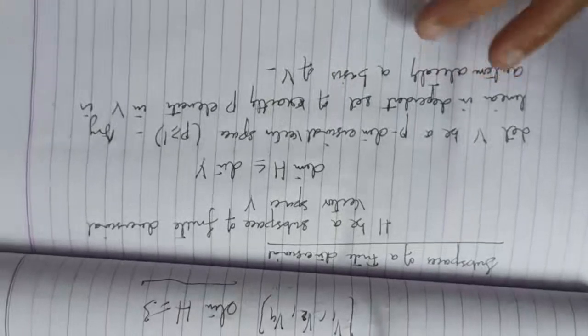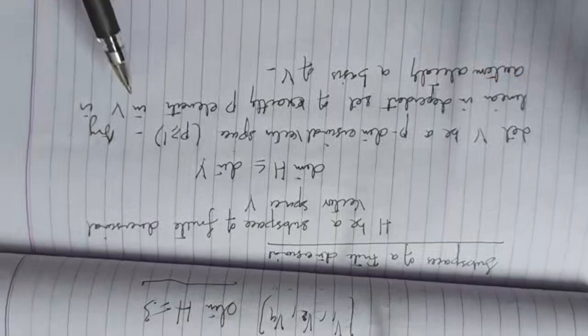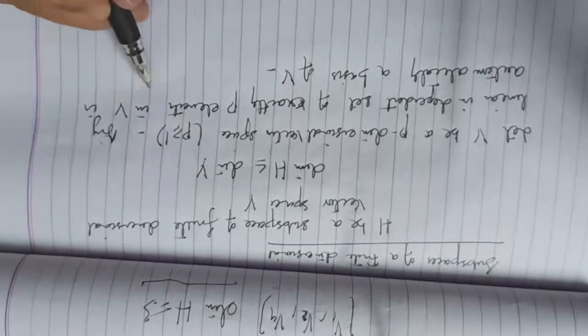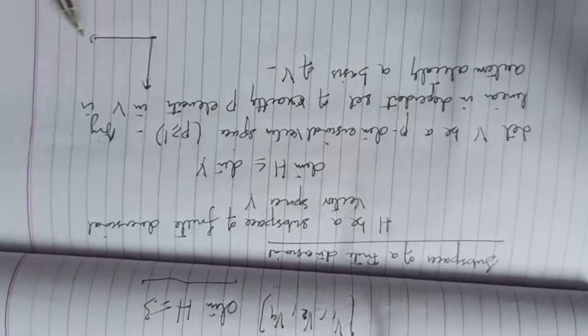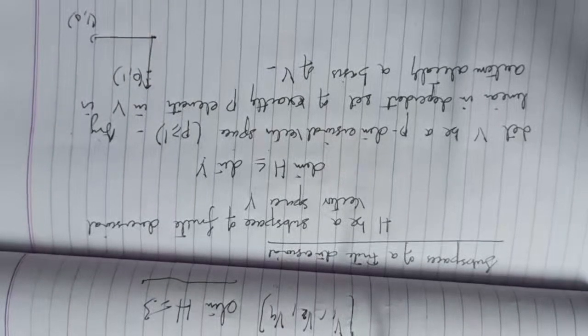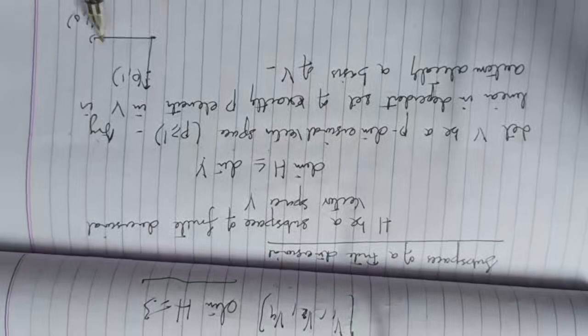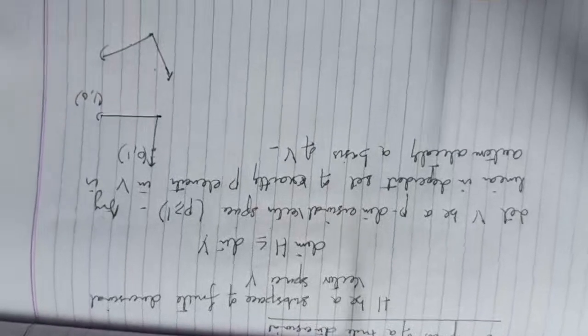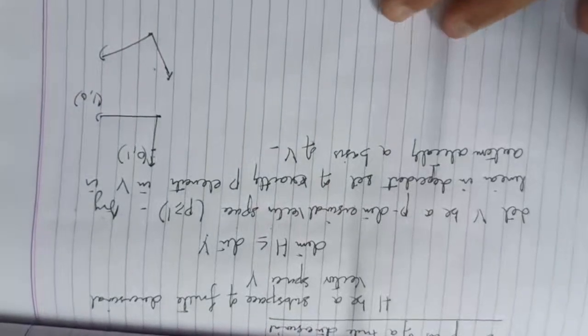For example, previously we were doing this for the standard basis, which was 1 0 and 0 1, right? Now similarly, since it's a two-dimensional vector space, I can pick any two vectors which can actually form the basis of this vector space.